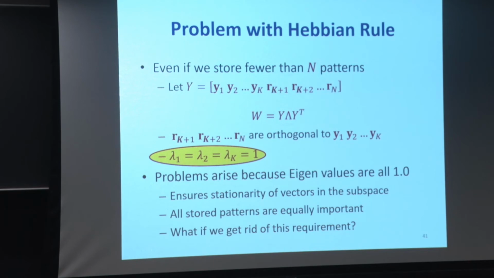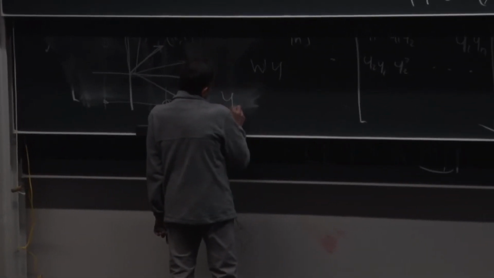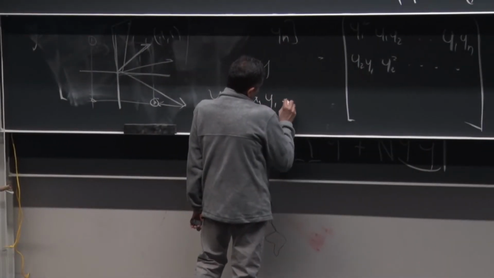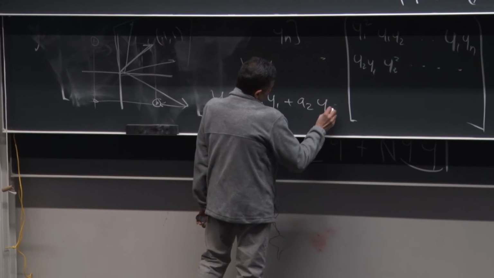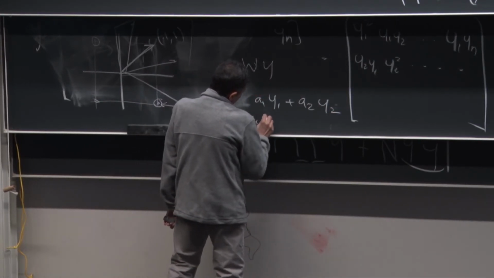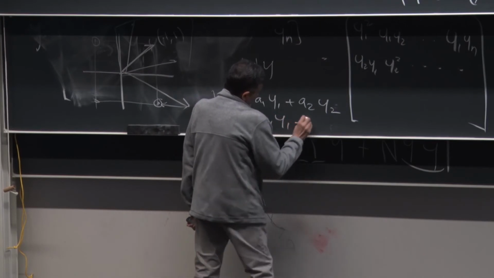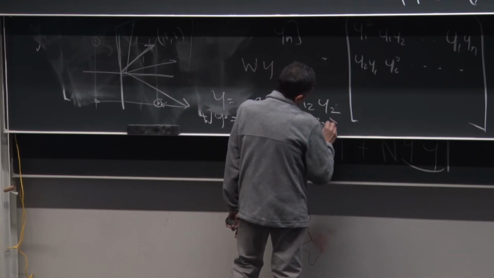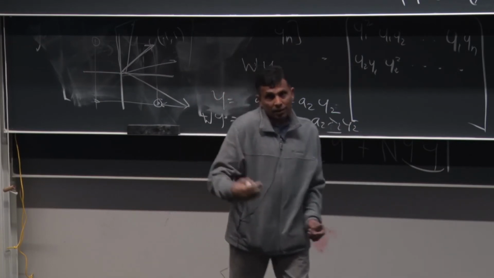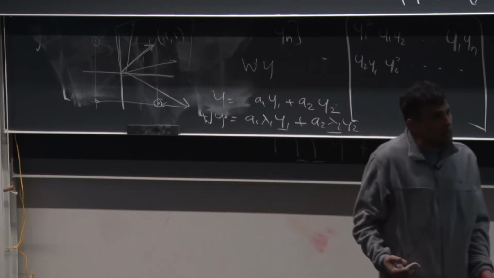I can write any y equals a1 y1 plus a2 y2, and w y equals a1 lambda 1 y1 plus a2 lambda 2 y2. And because these eigenvalues are 1, the vector returns to itself and it becomes stable.